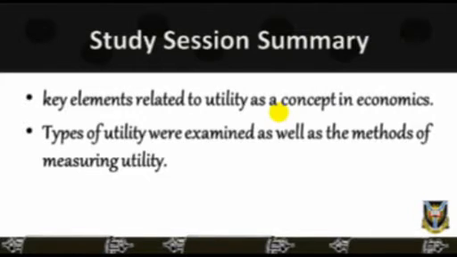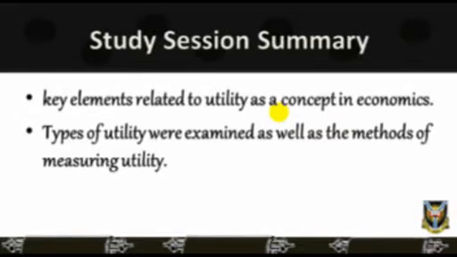Study session summary. In this study session, you learned the key elements that are related to utility as a concept in economics. Types of utility were examined as well as the methods of measuring utility.